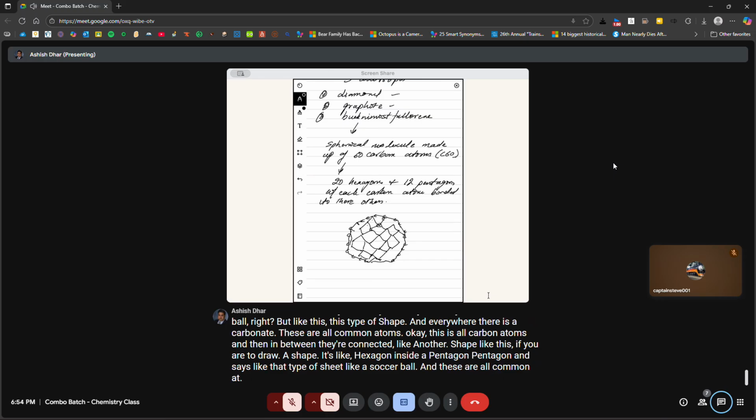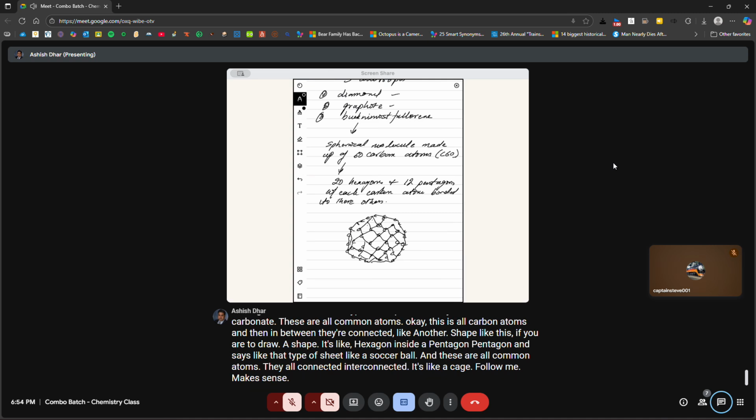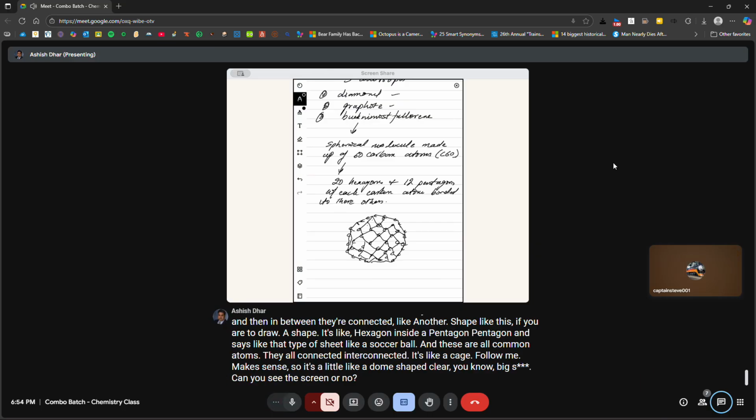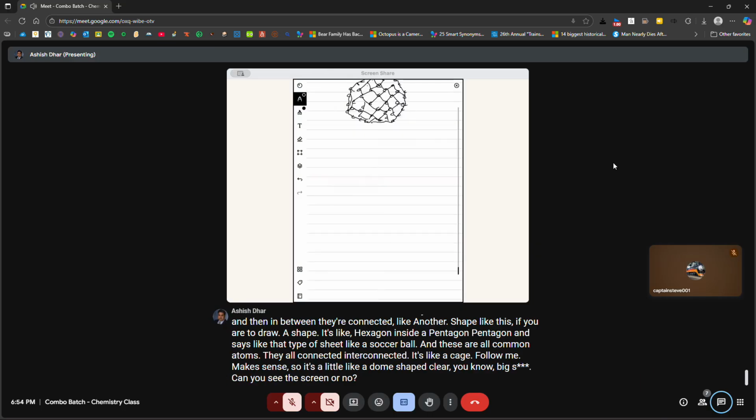They're all interconnected. It's like a cage shape. You follow me? Make sense? So it's literally a dome-shaped, big shape. Can you see the screen or no? All right, so that's your Buckminster fullerene.